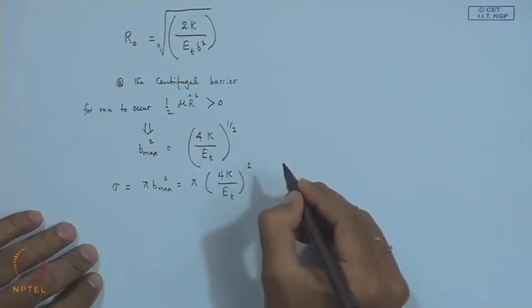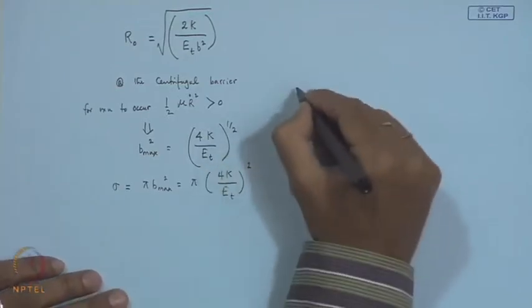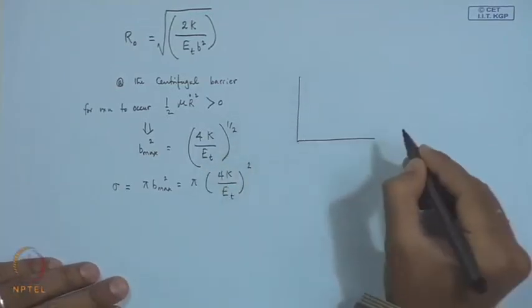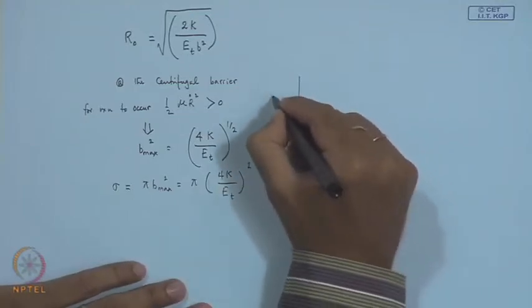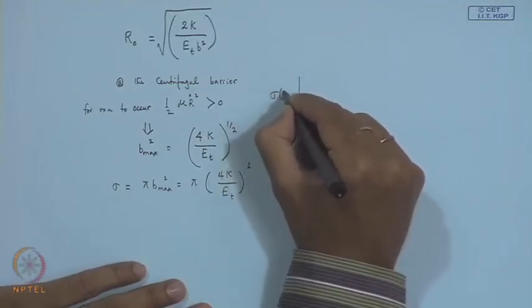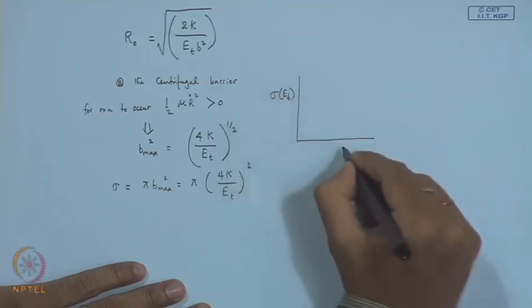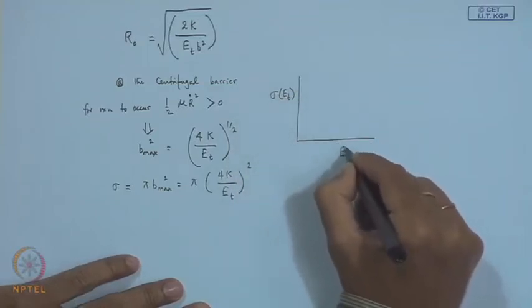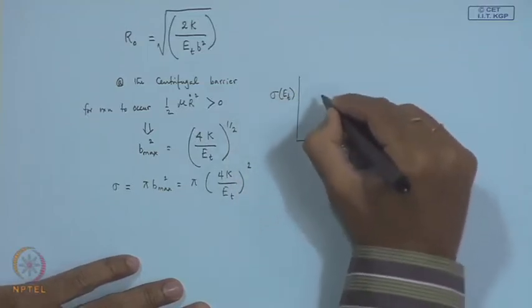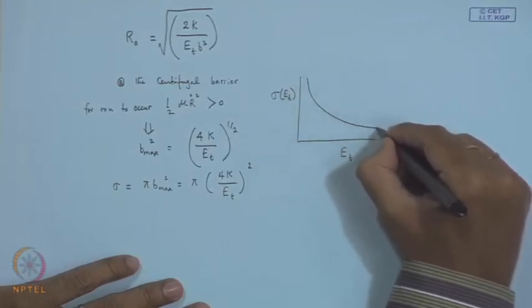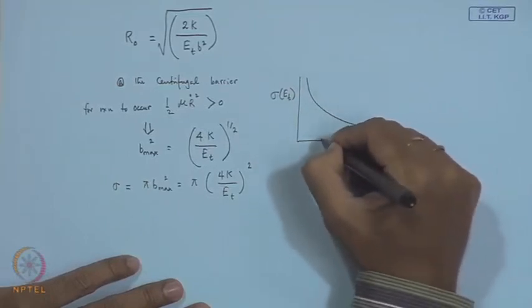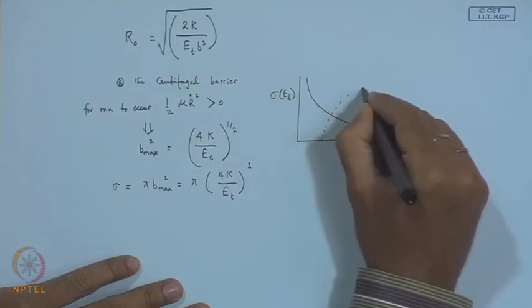Now if we plot sigma ET versus ET, this plot is different. Earlier, with a barrier, the plot was like this.